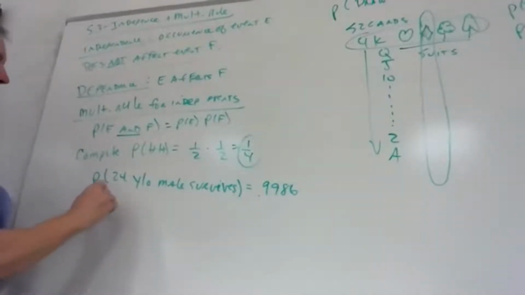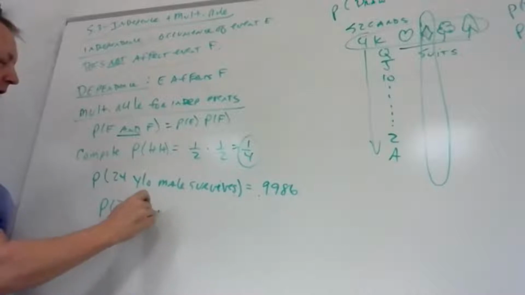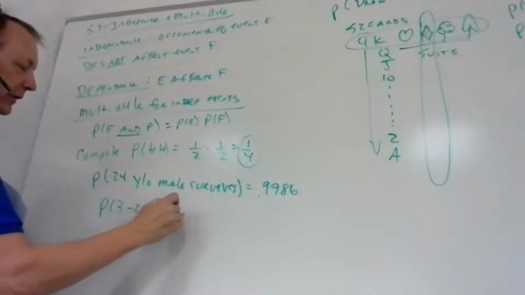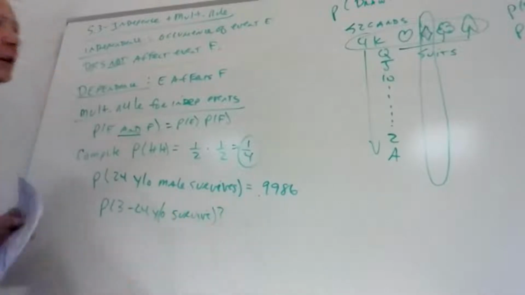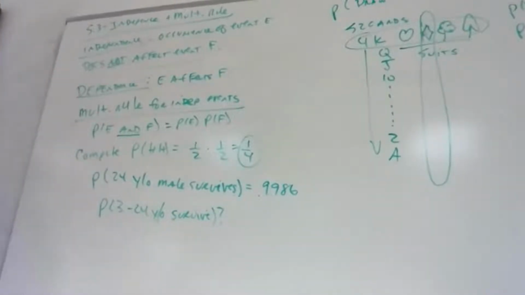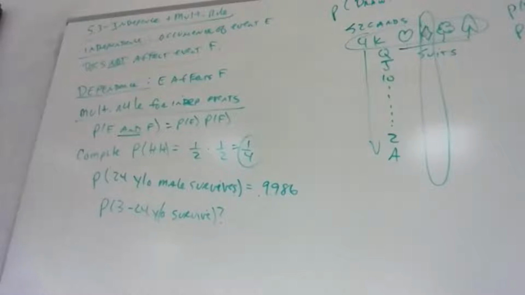What's the probability that 3 24-year-olds survive the year? We're assuming these are 3 independent males. How would you figure that out? Ramiro, it must be your turn.